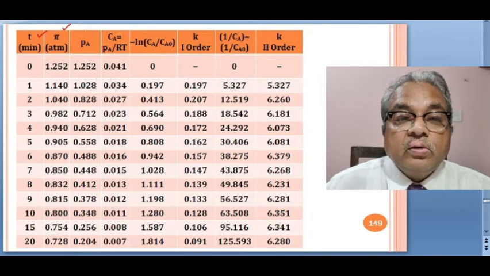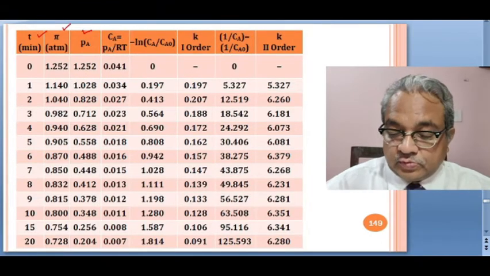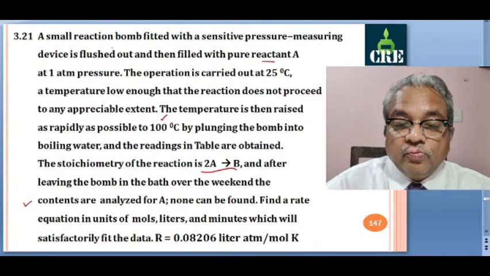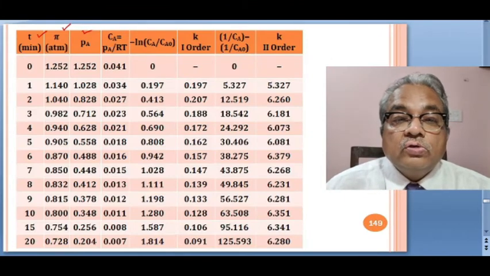So you will get the Pa values. Ca is Pa by RT. Okay, Pa we have calculated here, and R is 0.08206 liter atmosphere per mole per degree Kelvin, because we want moles, liters and minutes. So Ca is found out.